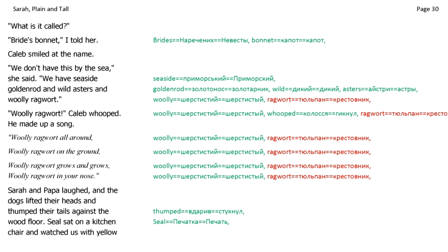"Woolly ragwort!" Caleb whooped. He made up a song. "Woolly ragwort all around, woolly ragwort on the ground, woolly ragwort grows and grows, woolly ragwort in your nose." Sara and Papa laughed, and the dogs lifted their heads and thumped their tails against the wood floor. Seal sat on a kitchen chair and watched us with yellow eyes.